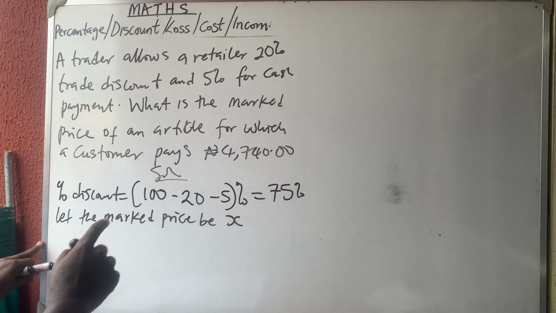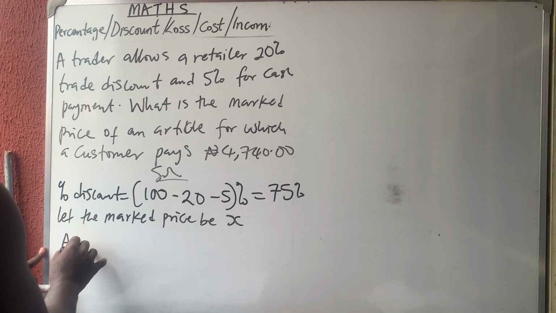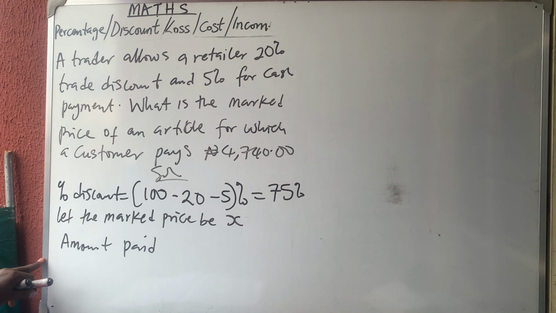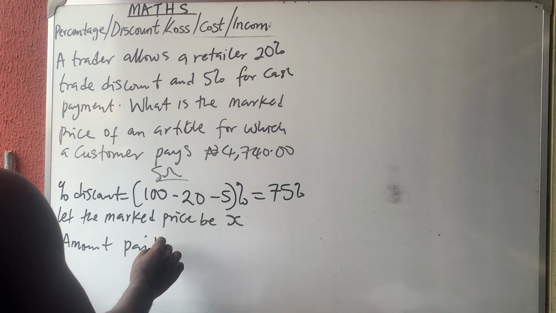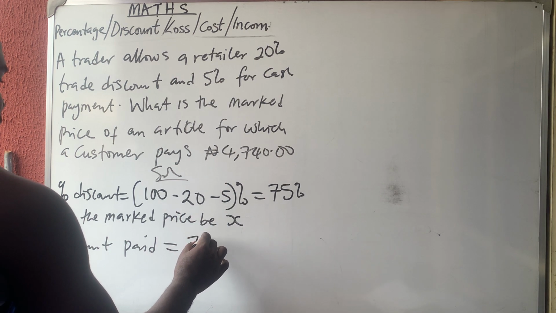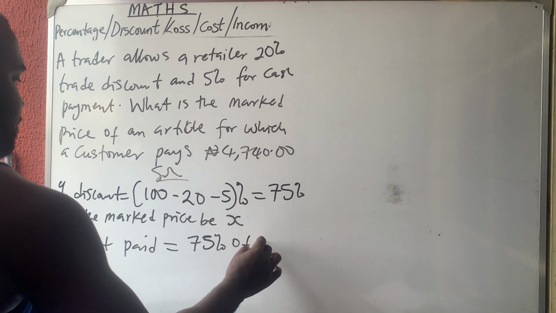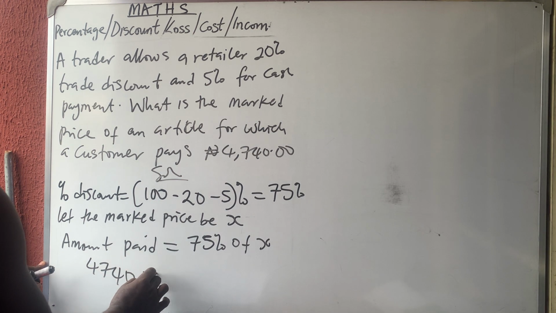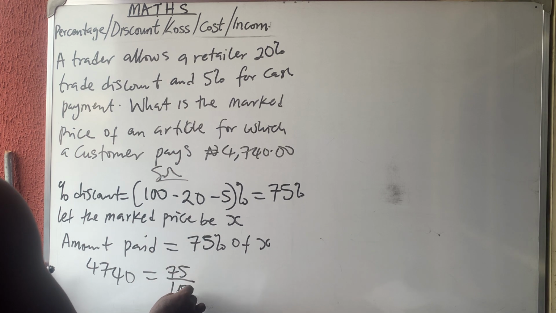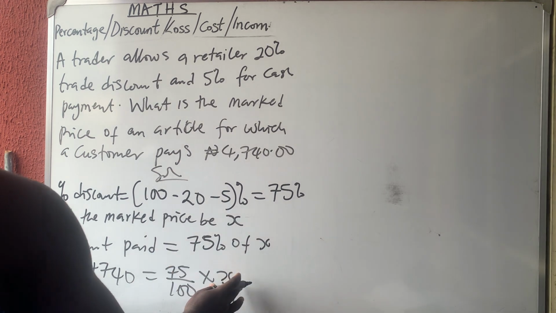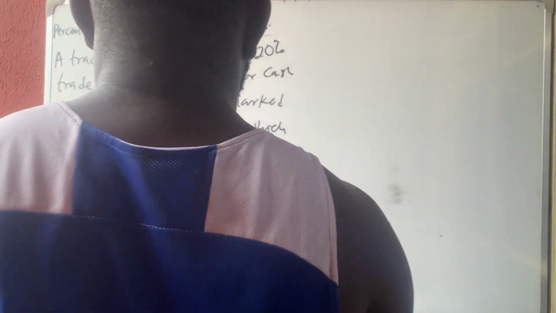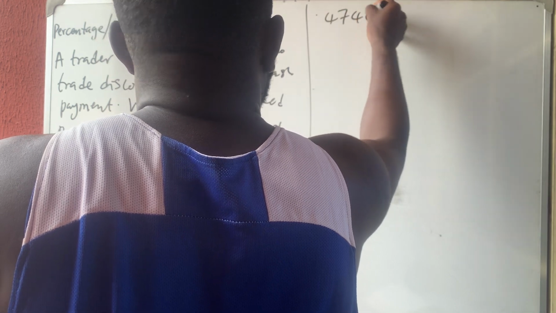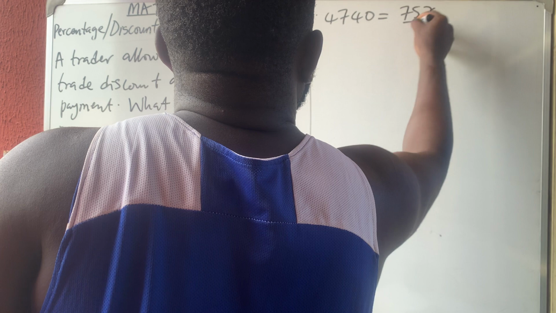So the amount he paid is equal to 75% of x, and the amount he paid is 4,740. So 4,740 is equal to 75 over 100 times x over 1, which is 75x over 100.